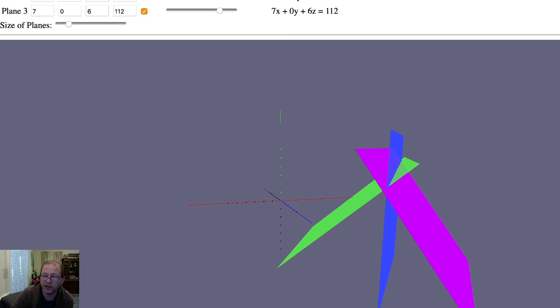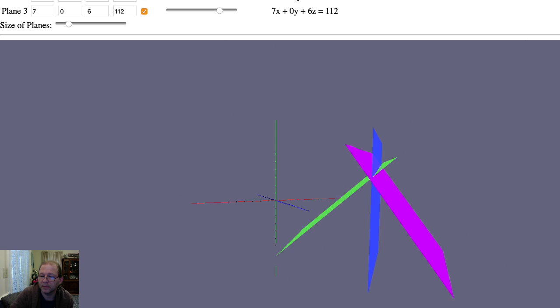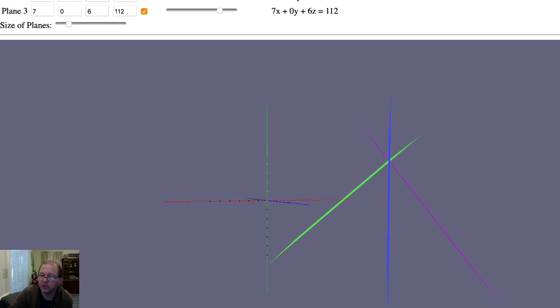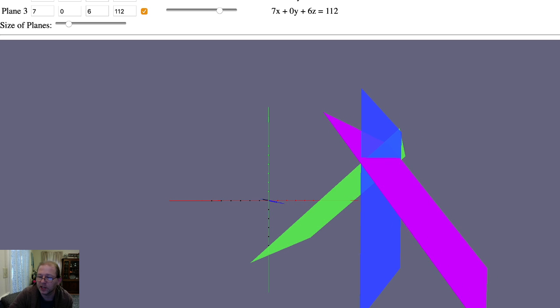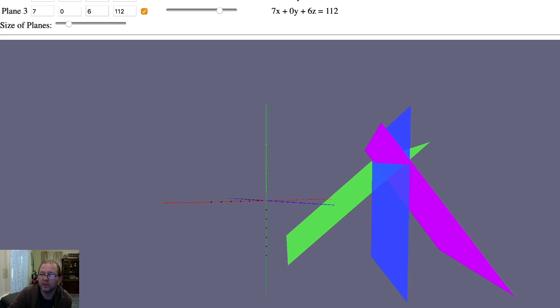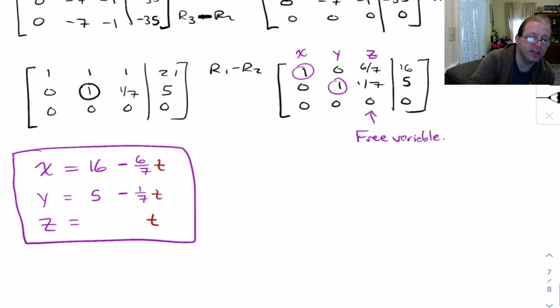Yeah, we can see it right here. Is that on the screen good? Yeah. Unfortunately, I can't zoom to it very well. But you can look at it and see these are three planes, and they all three intersect in a line. And you can get all the points along that line where they intersect by picking a value for t and plugging into that parametric solution. All right.